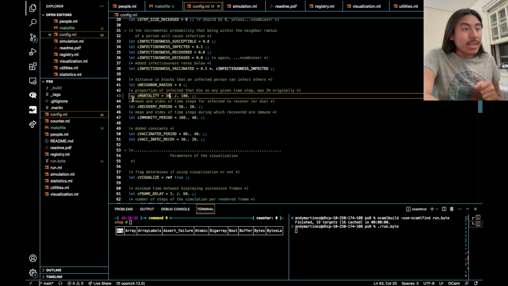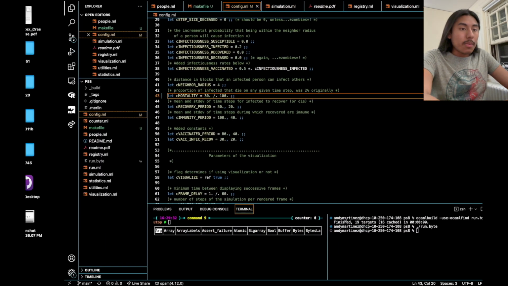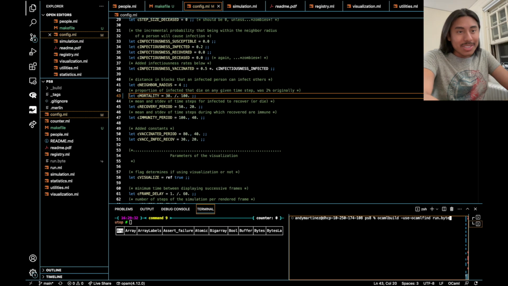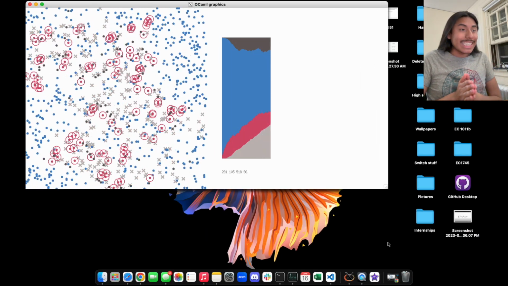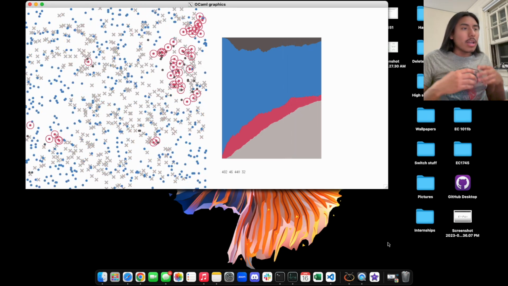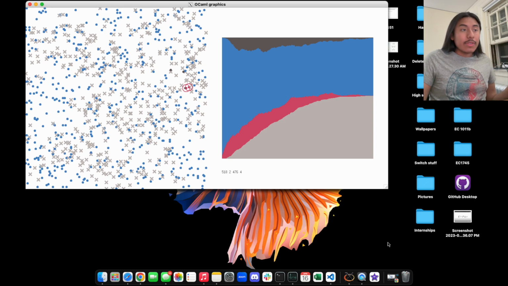So the way I'm doing that is I'm increasing the mortality rate from 2% to 30%. And we should see something very interesting happen. Something that corroborates with the pandemic that happened in 1918, which was the Spanish flu. So right off the bat, you'll see a high mortality rate, unbelievably high. Almost everyone that's infected seems to die, right?